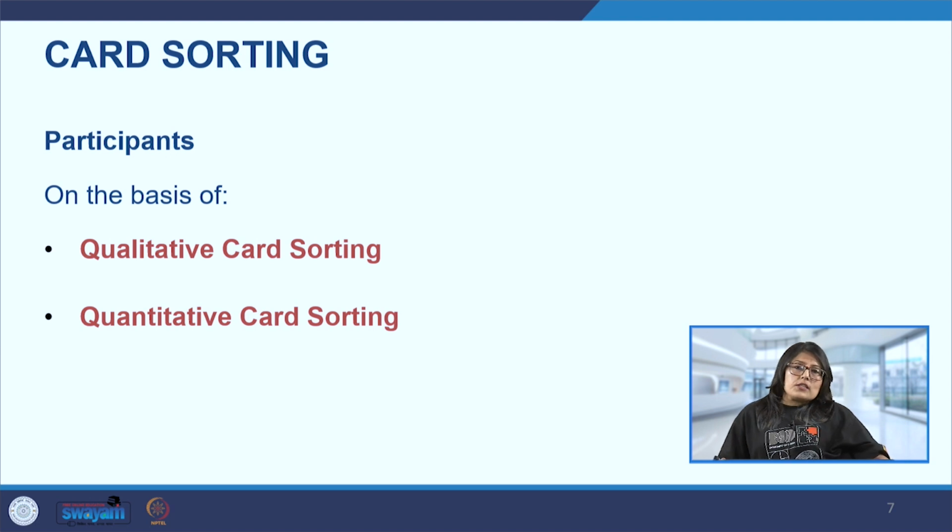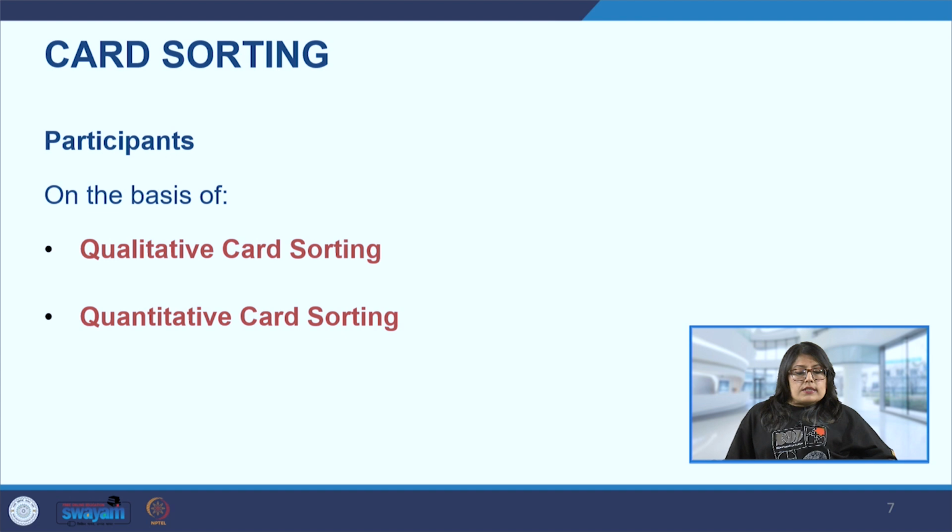In this process, the researcher may also ask the participants to think out loud when they are grouping the cards. So thinking out loud and speaking out why they feel that these 5 cards will be grouped together, what are those reasons because of which they should be placed together.